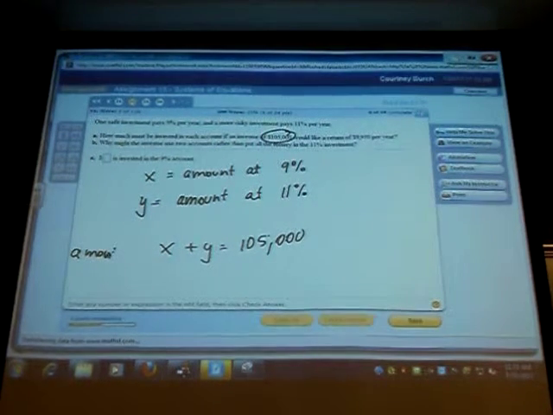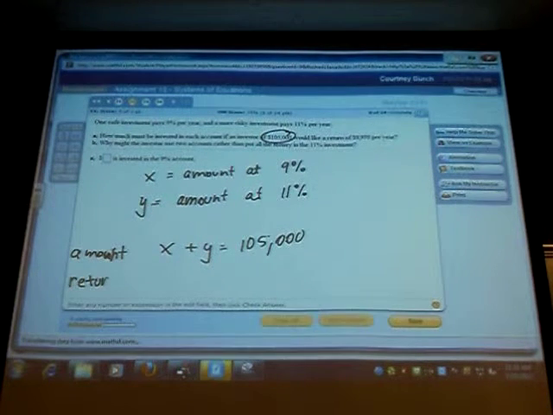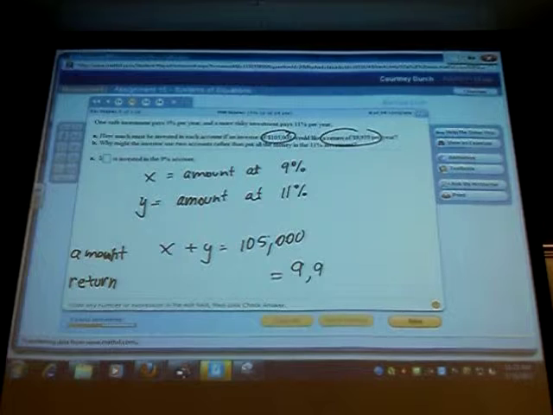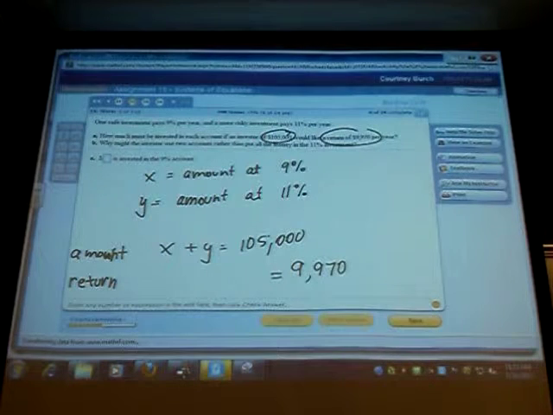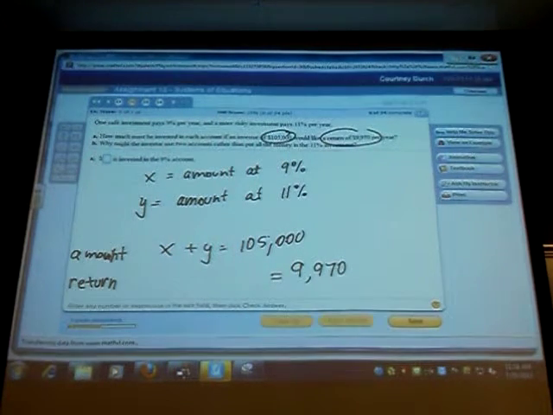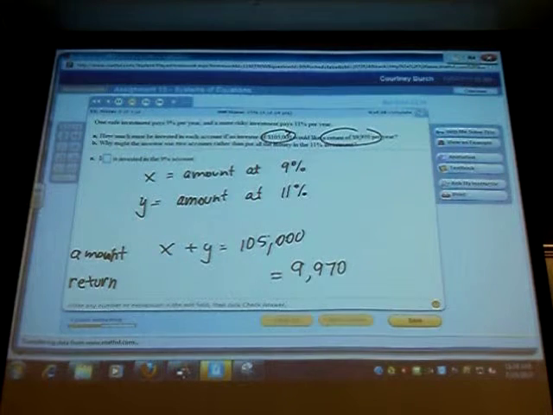Now the second equation I'm going to have is for my return. And I know that I want my return equal to $9,970. How would I calculate the return on my accounts? You change it into a decimal. Right. So you change your percent return to a decimal, and then to calculate your return on that account, you can just multiply the percent by the amount you invested.